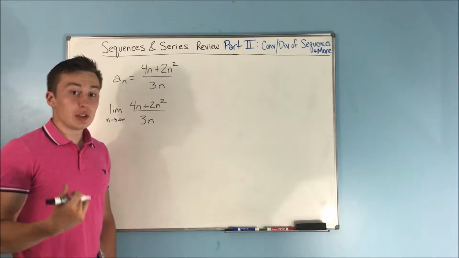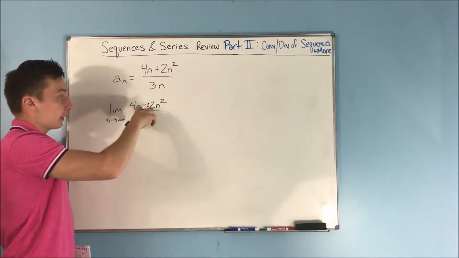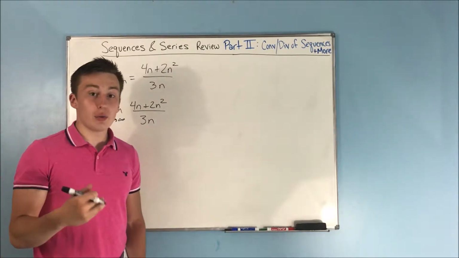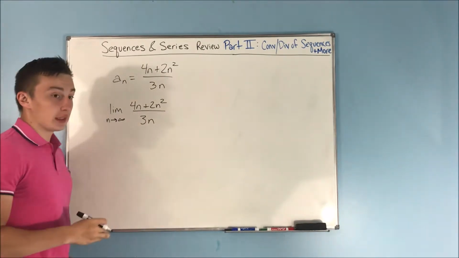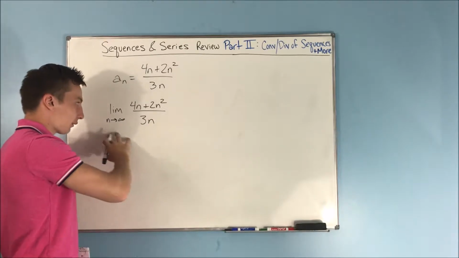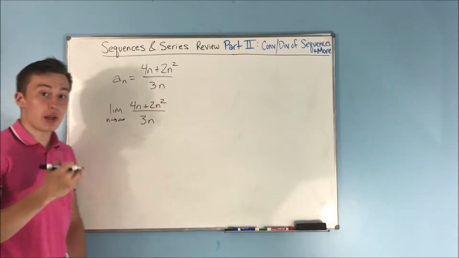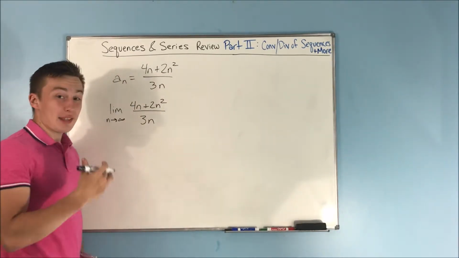We can compare it to a function, the function 4x plus 2x squared over 3x. What that would allow us to do is use L'Hopital. We can't use L'Hopital directly with sequences, though, so that's one of the things we can do. The other thing that we can do is divide by the highest power of n, that being n squared here.